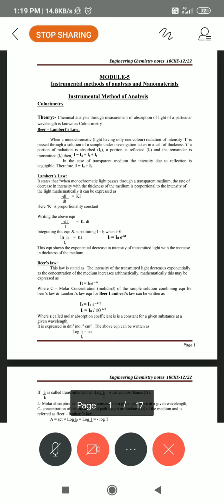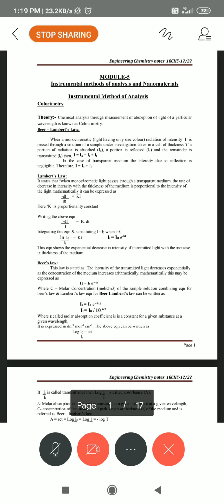For that, we take 6 to 7 volumetric flasks of 50 ml. First we prepare the standard sodium fluoride solution. How do we prepare it? Weigh 1 gram of sodium fluoride and dissolve it in 1 liter.